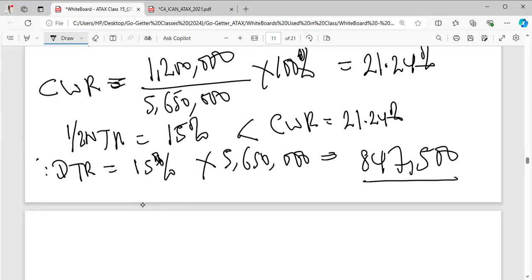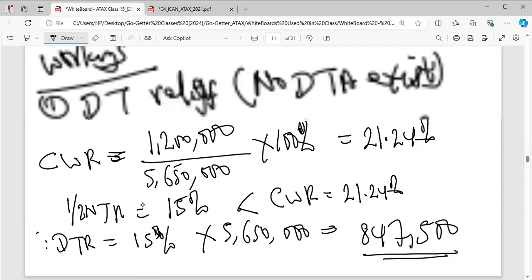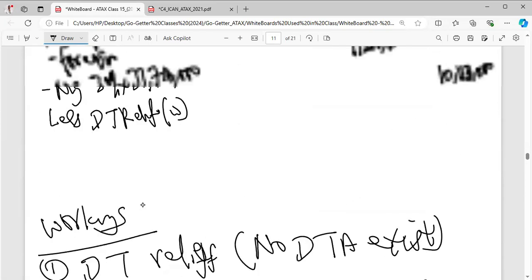So this is your double taxation relief, 847,500.